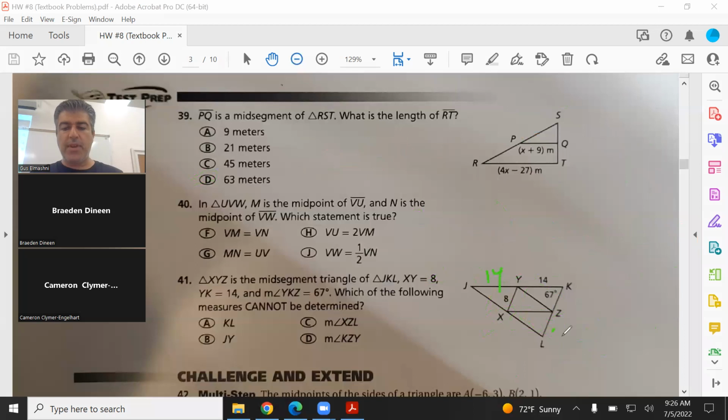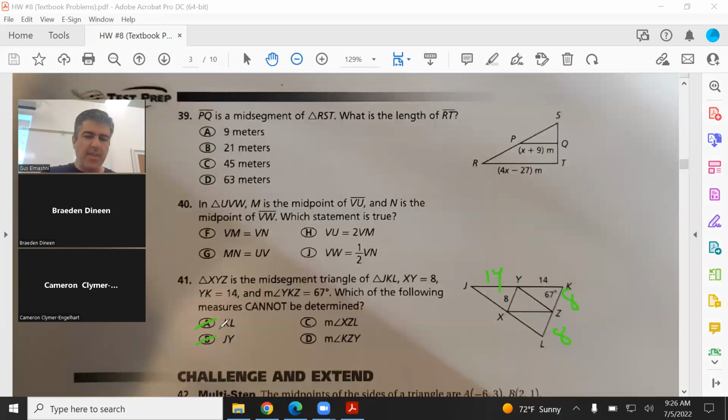And therefore each of these are 8, because this is going to be half of all of this, right? XY is half of LK. And they give you the angle there. Okay, great. But which one cannot be determined? We can totally know what KL is. I know it's 16. JY is 14.